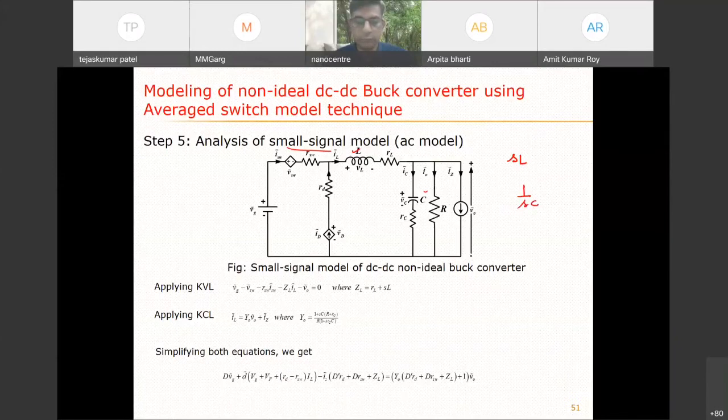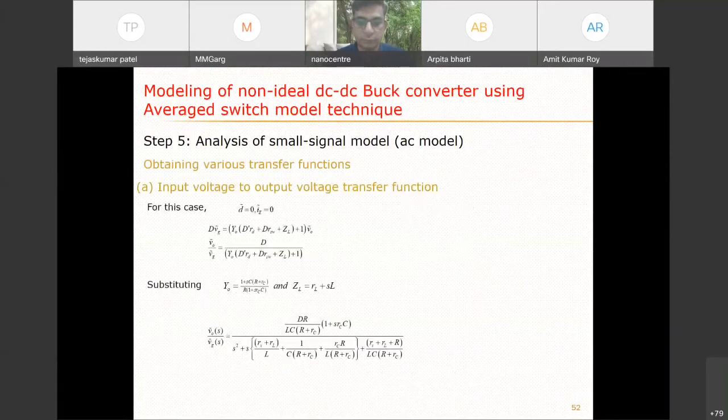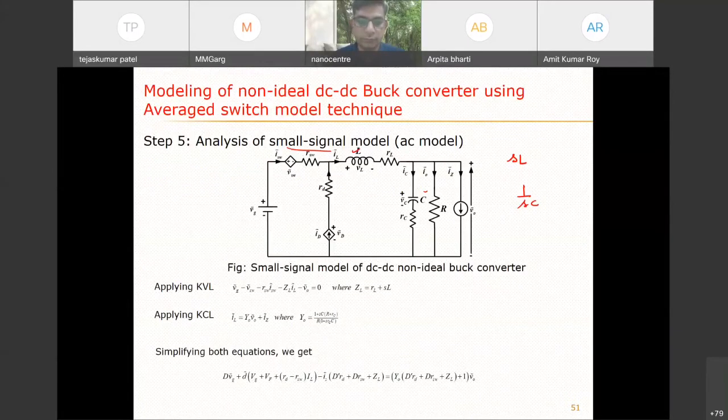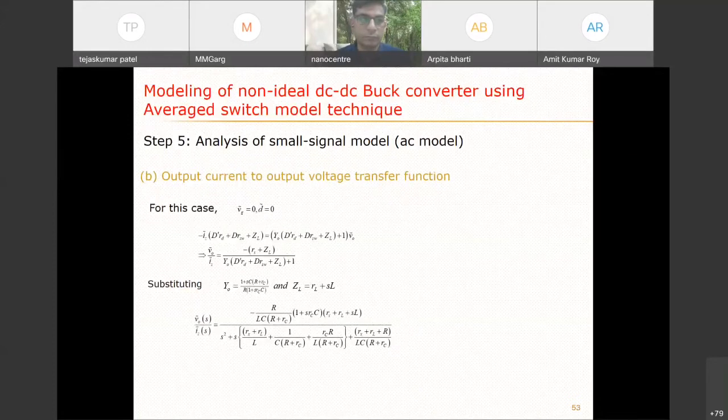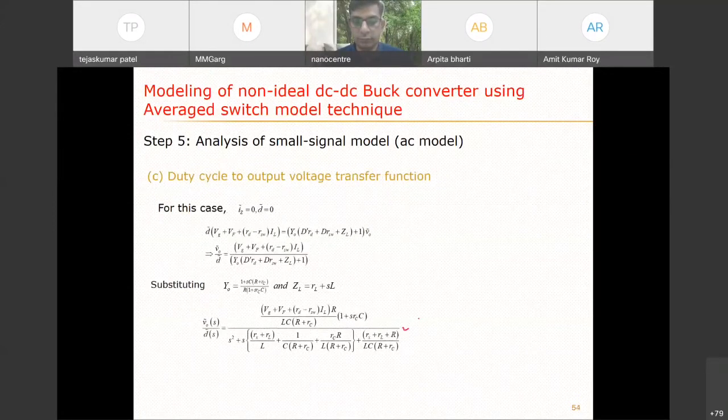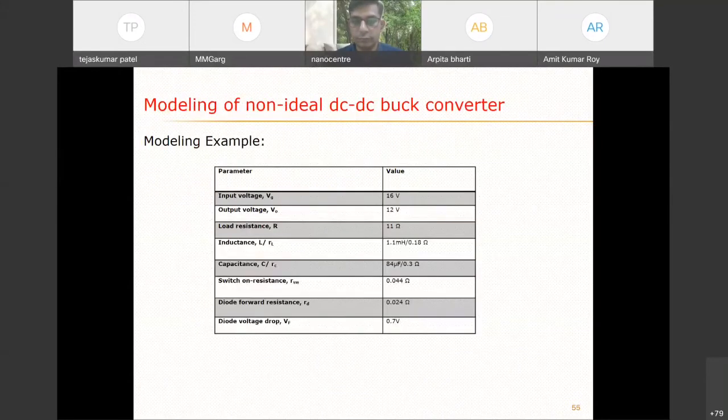So this is the steady state model. In the steady state model, we remove the effect of inductor and capacitor. Steady state model we can get from here, and this is the small signal model. Converting to the S domain, the inductor L becomes SL, and the capacitor C is written by its equivalent impedance in S domain, 1 upon SC.